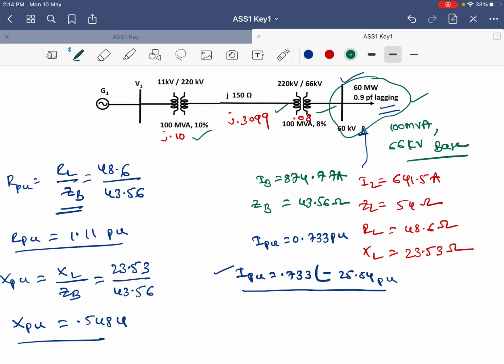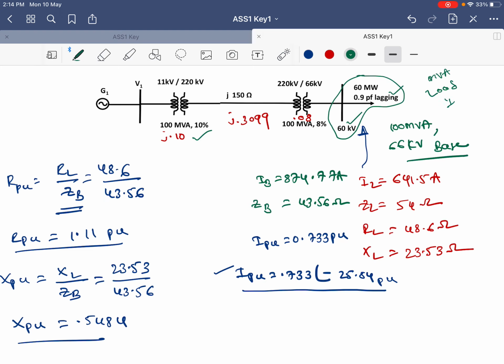What you have to do is, just I will rub it off. You have to make use of these three quantities. Then you have to find out the actual value of load MVA, then load kilovolts is given, power factor is also given.